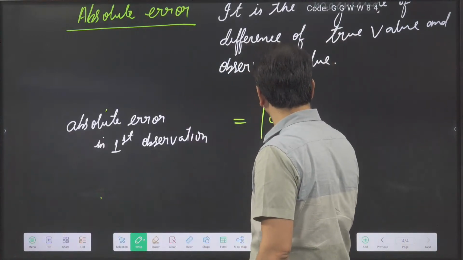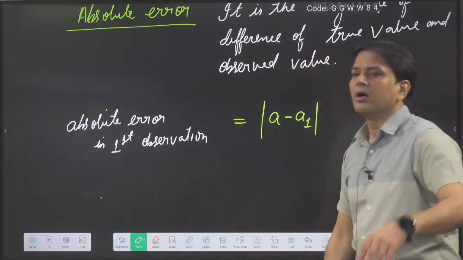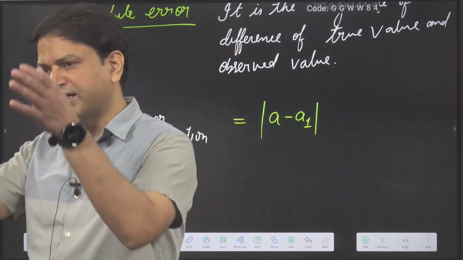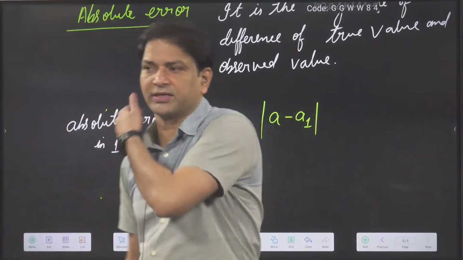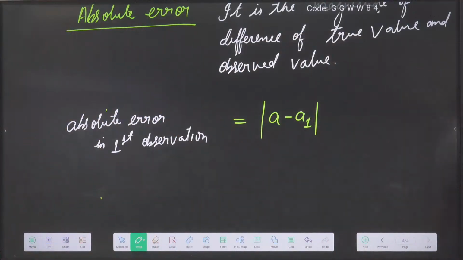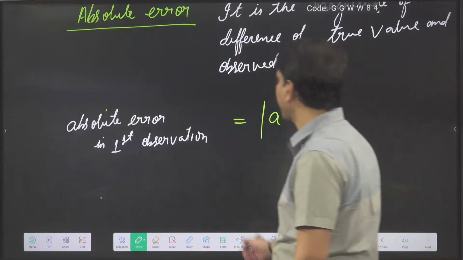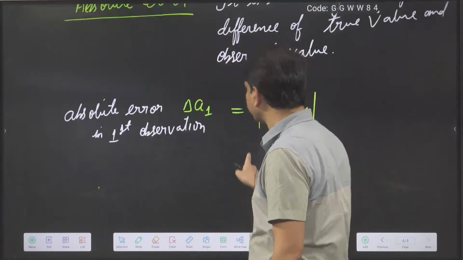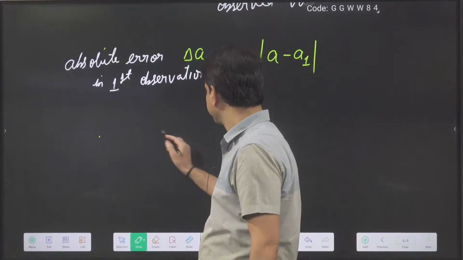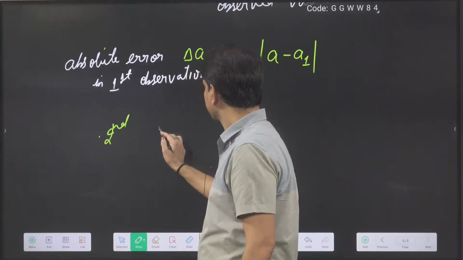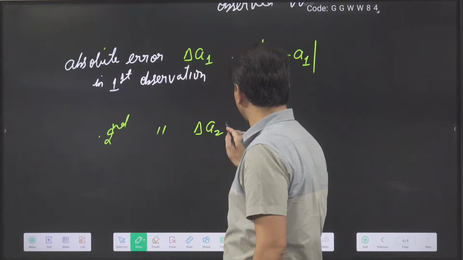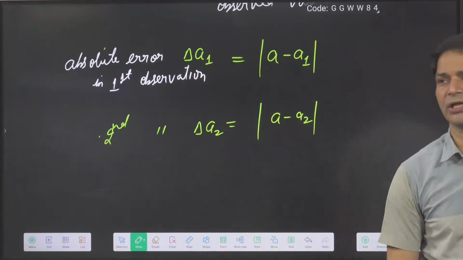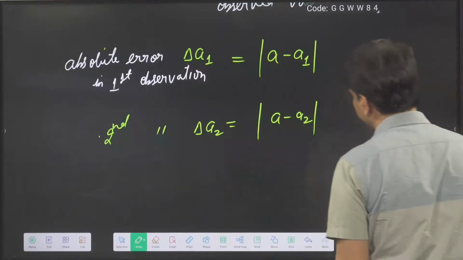The first observation is A1, and the true value I am taking is A. So the absolute error in the first observation is mod of A minus A1. From whichever is more, you subtract; otherwise, whatever you get, you have to take its magnitude. Magnitude means it is always positive. So I write it as delta A1. Similarly, for the second observation, delta A2 equals mod of A minus A2. Like this, I can find the absolute error in all observations.